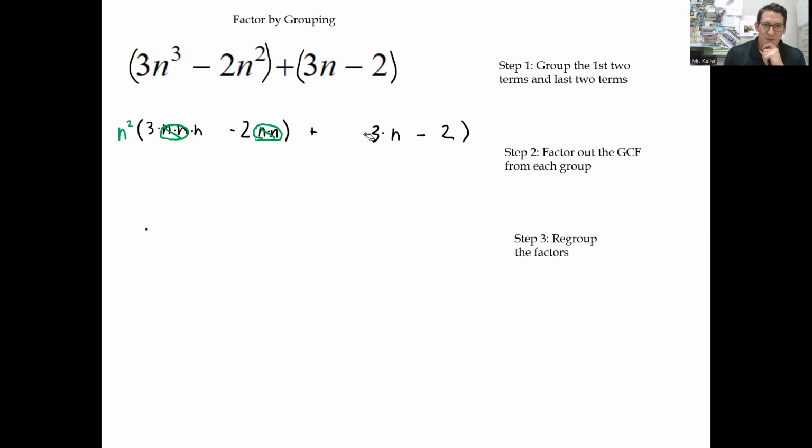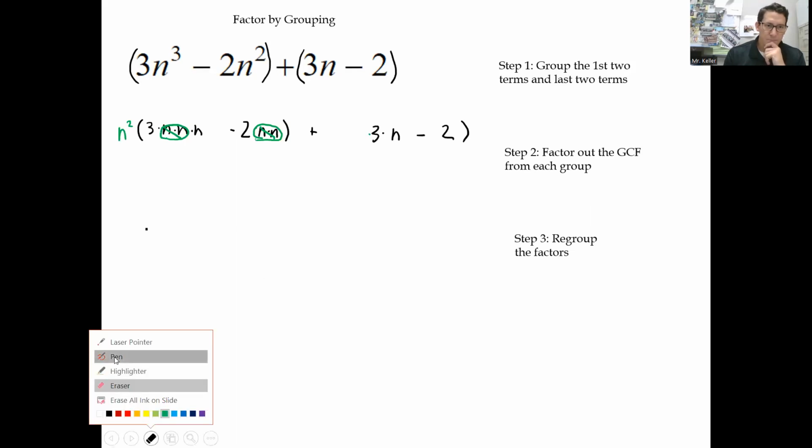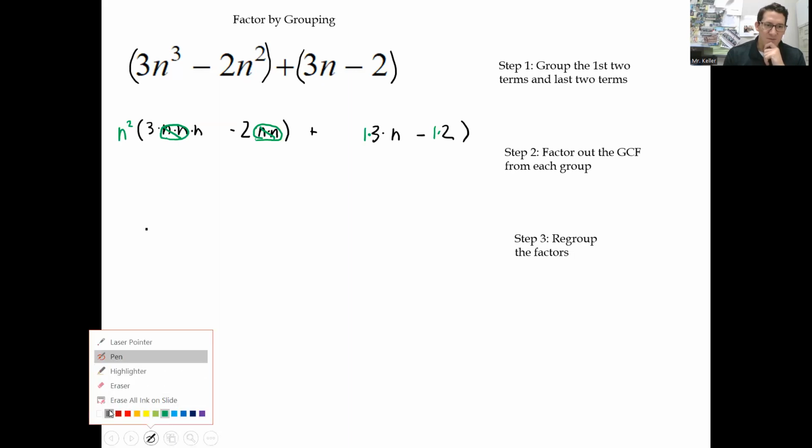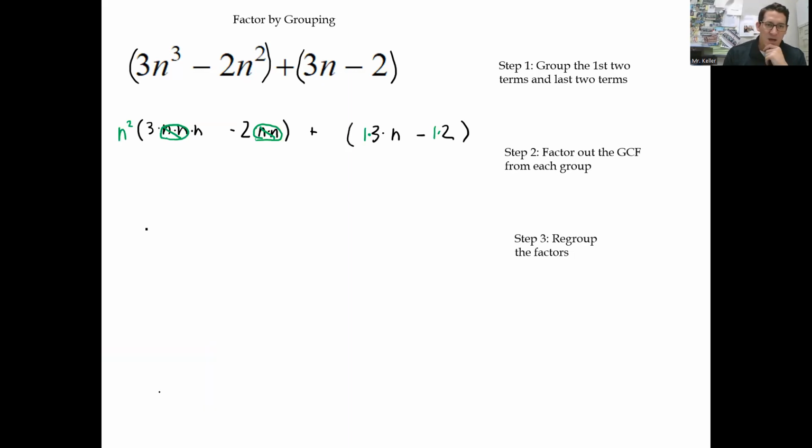Let me get some extra space here. So say I can still put a 1, multiply 1 in there, give them that little bit of invisible math there. They each have a 1. And so I'm going to take out that 1. Say they have a 1 in common, so it would be times 1 on the outside.